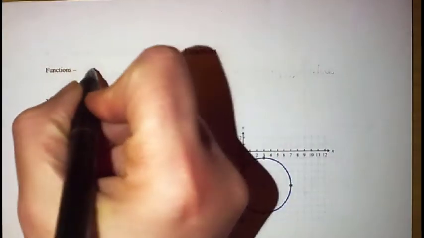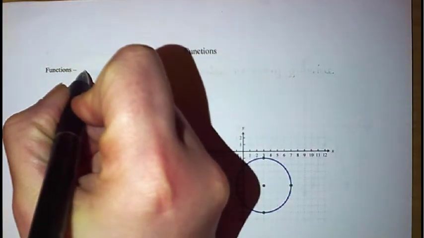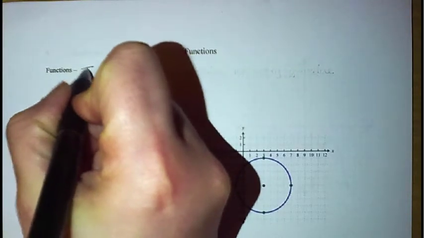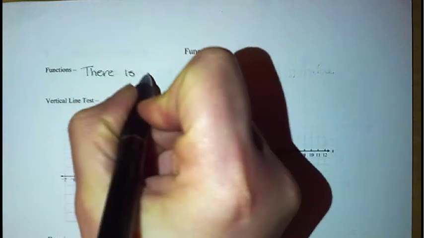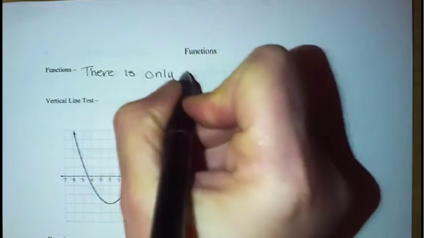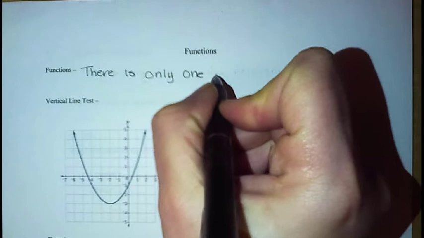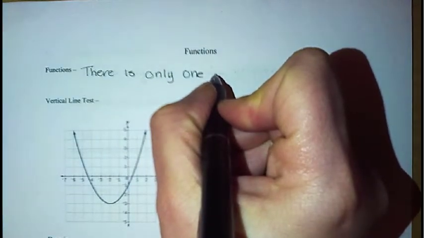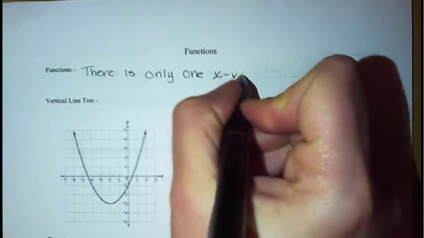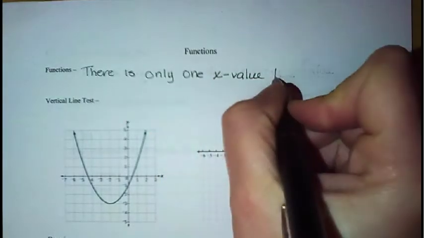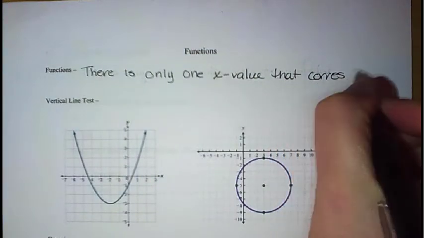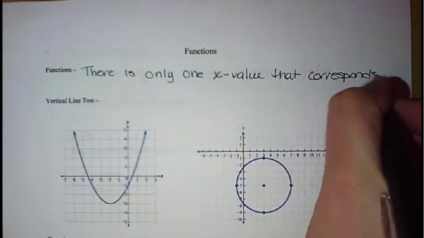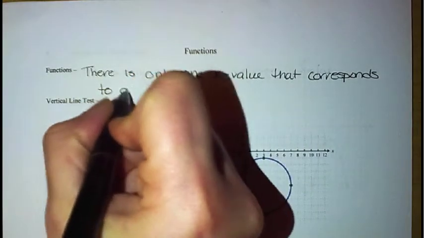So a function is where there is only one x value that corresponds to a y value.